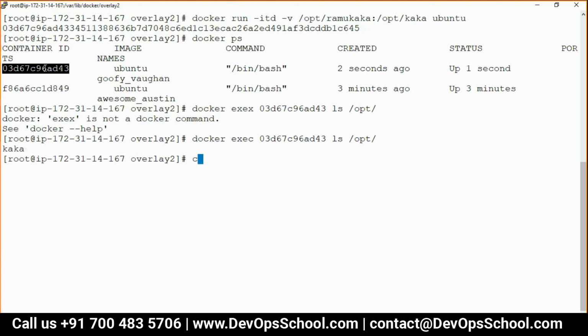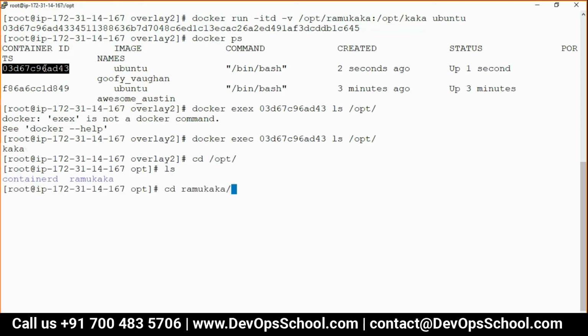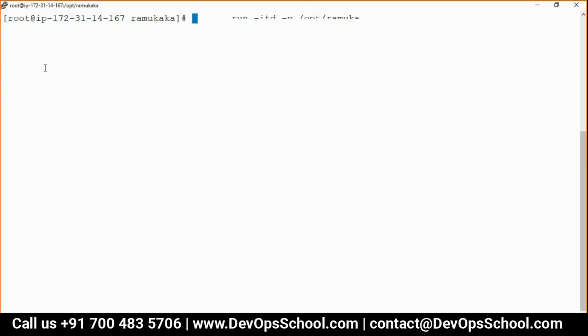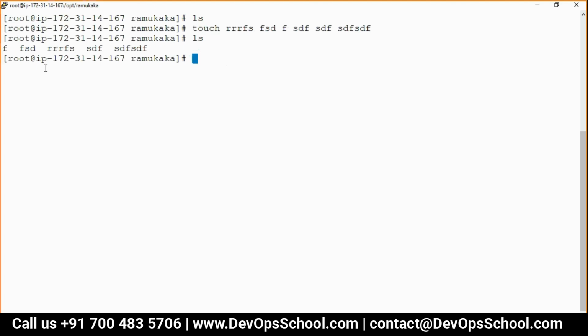Now, can I go and check the host file? opt, what was that? Ramu Kaka. See, this is the place. Can I write some file here? Just a dummy file, touch RRR or something, a very important file. Can I see it inside the container?